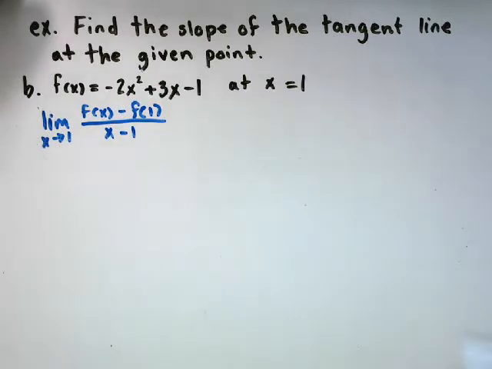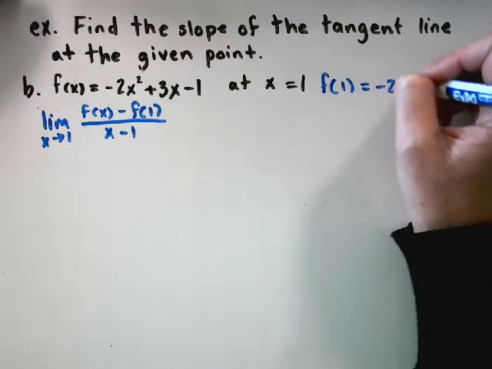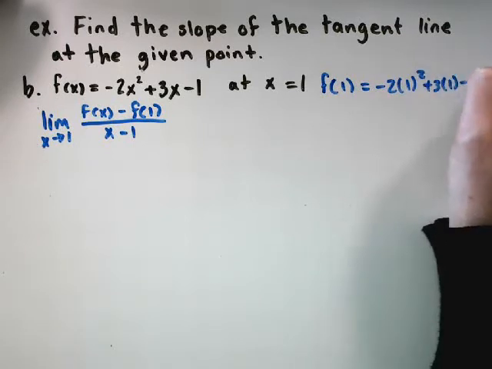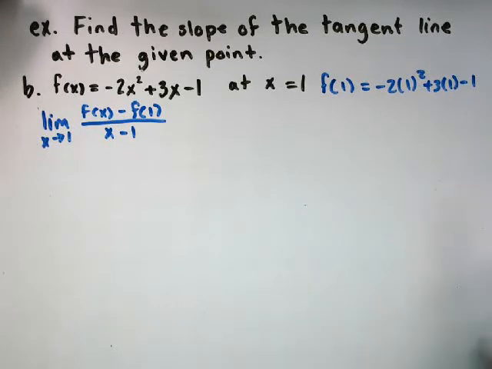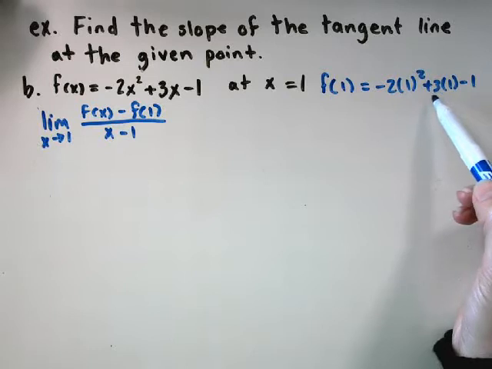So I need to find f of 1. So that's going to be negative 2 times 1 squared plus 3 times 1 minus 1. So we get negative 2 plus 3 is 1 minus 1 is 0.